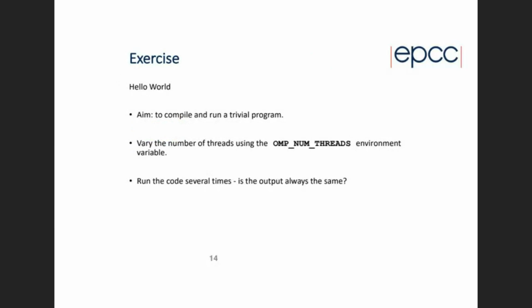We'll get on to practical exercises after lunch, but the first thing I'll get you to do is make sure that you can compile and run a trivial Hello World program, and get used to the idea of using the environment variable to change the number of threads.